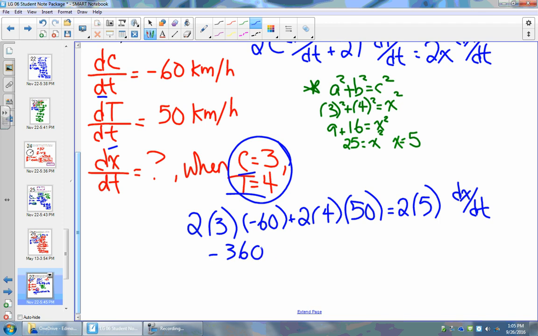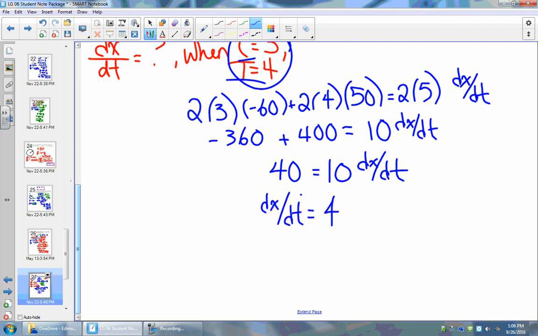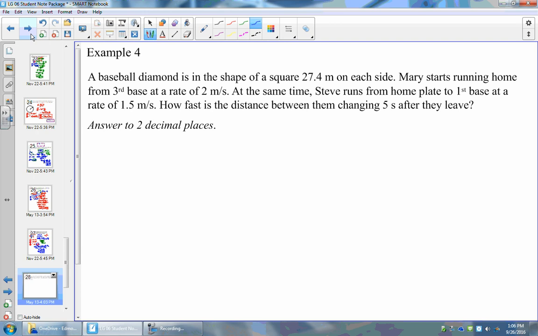Negative 360 plus 400 is equal to 10 dx over dt. 40 is equal to 10 dx over dt. Divide by 10. So dx over dt is going to equal 4. And we're talking speed, so it's going to be kilometers per hour. Okay? Cool. All right, next one.